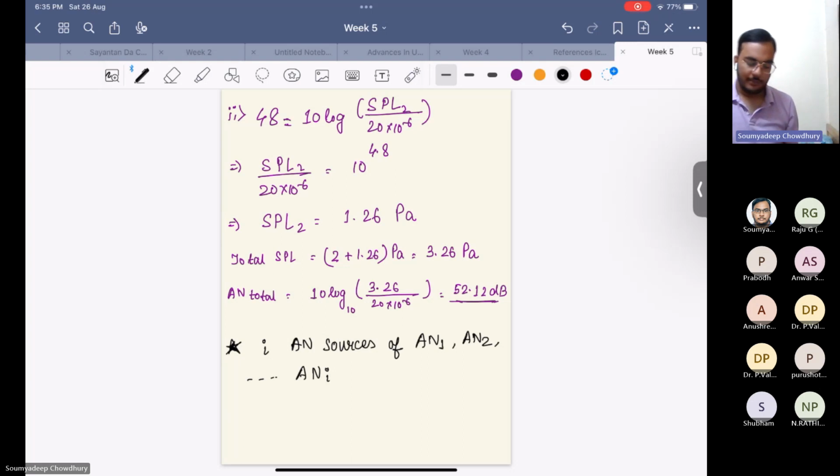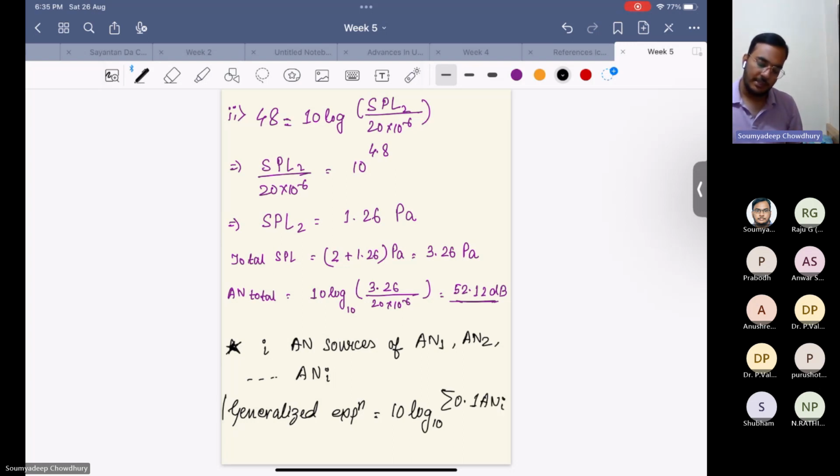So basically we have a generalized expression for this. You can derive this easily. I'm just giving you: total audible noise will be given by 10 log 10 summation of 10 to the power 0.1 AN. So this is the generalized expression.